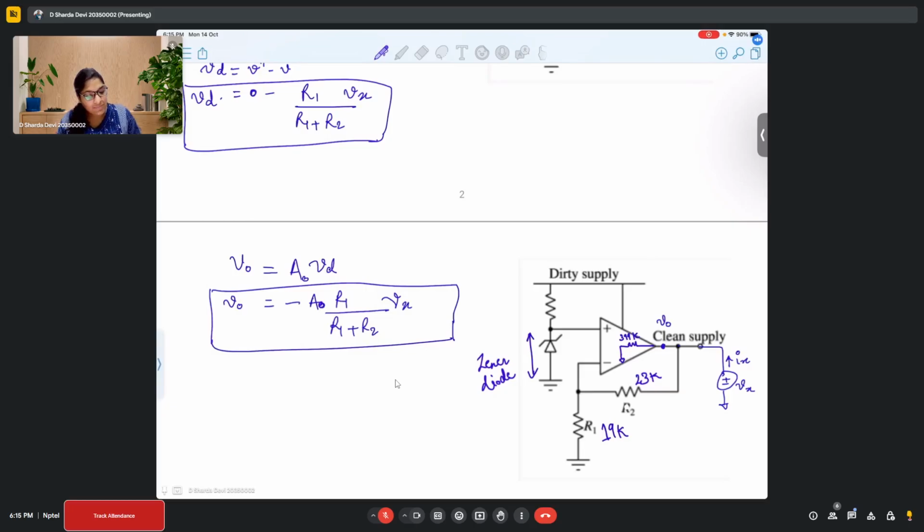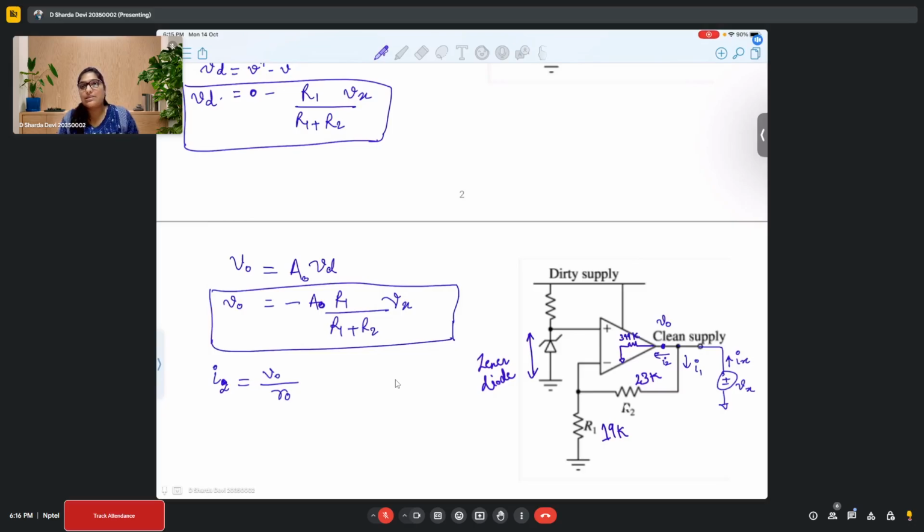Okay, so this V naught, now we said that here we have I2 and this is I1. So if I have to find my I2, how would I write my I2? I2 is basically V naught upon R naught, correct?